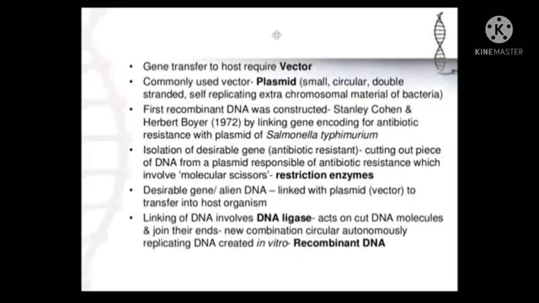It will combine the isolated DNA with the plasmid, acting on the cut DNA molecule and joining their ends. The new combination joins automatically, and then it starts replicating the DNA created by us.